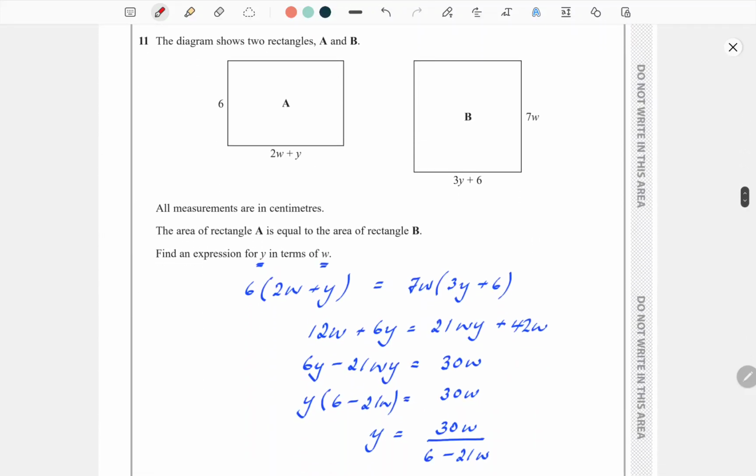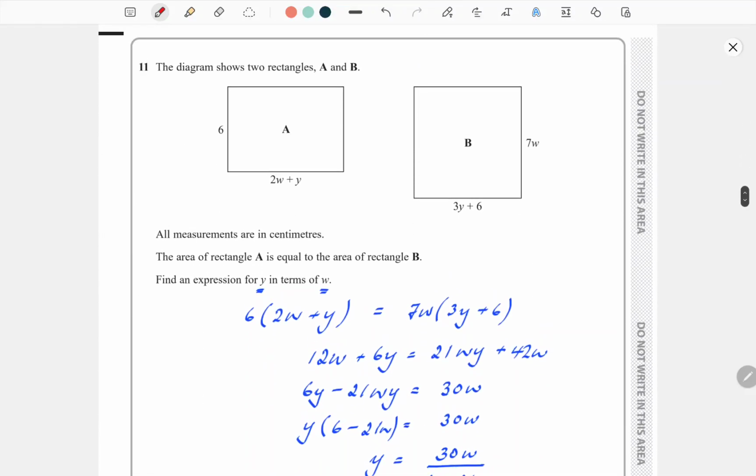Right, number 11. Two rectangles, A and B, slightly different shapes. And they're saying the area of each of them is equal.